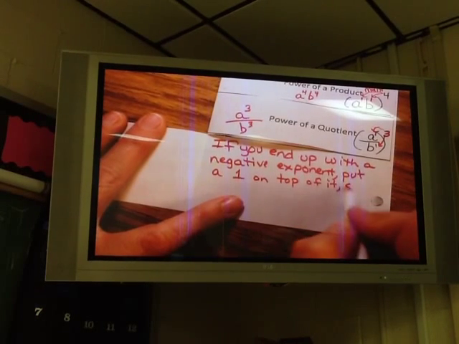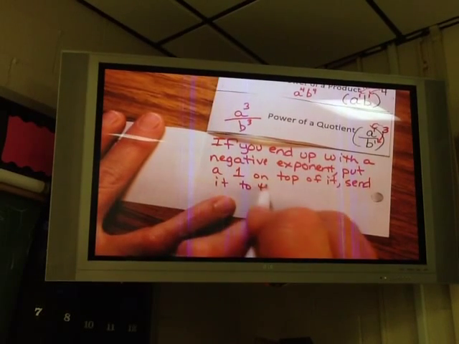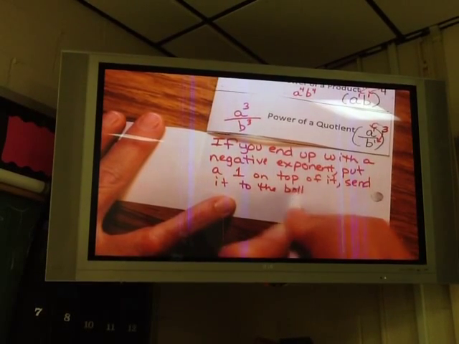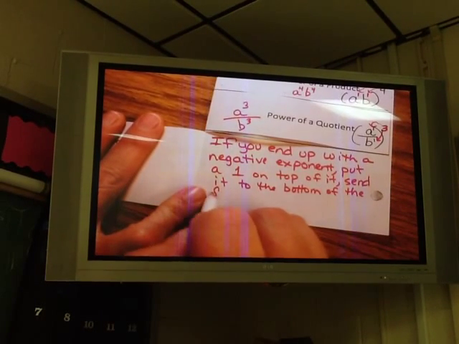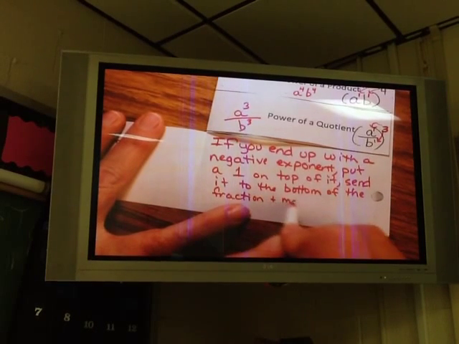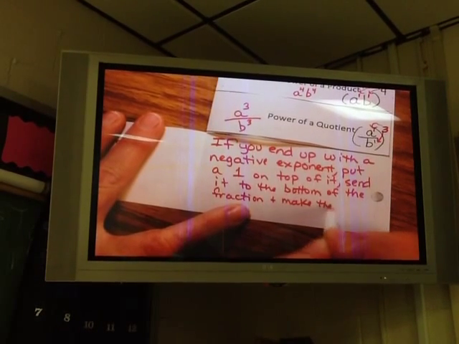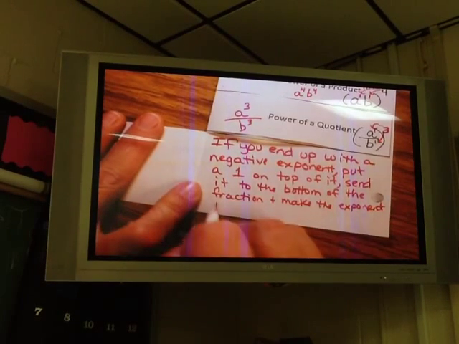So that means you send it to the bottom. Send it to the bottom of the fraction, and make the exponent positive.